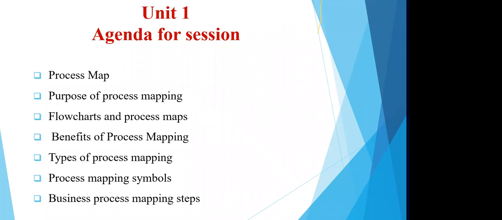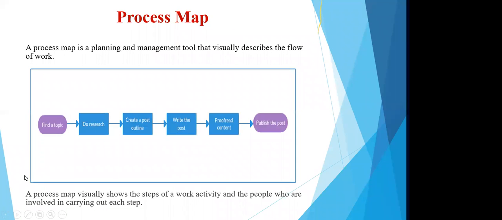So essentially, we had started with process mapping. That's where we identified first, what do we understand by a process map? That's where we came to know that a process map shows who and what is involved in a process, and can be used in any business or organization, and can reveal areas where the process can be essentially improved.